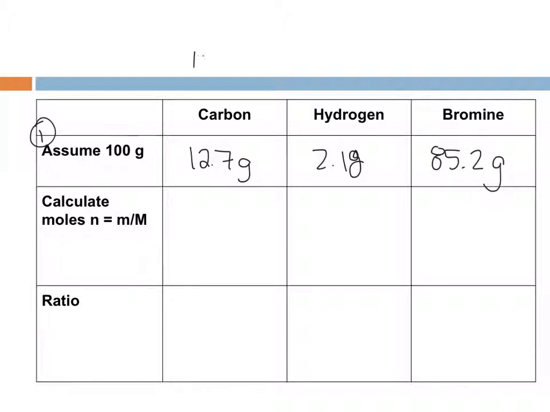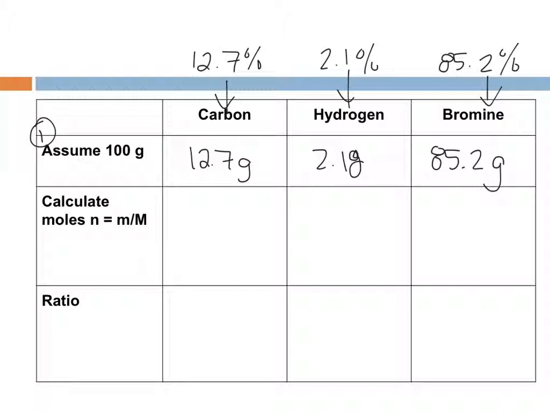And that's because the problem told us we had 12.7%, 2.1%, and 85.2%. So that just translates then to grams.